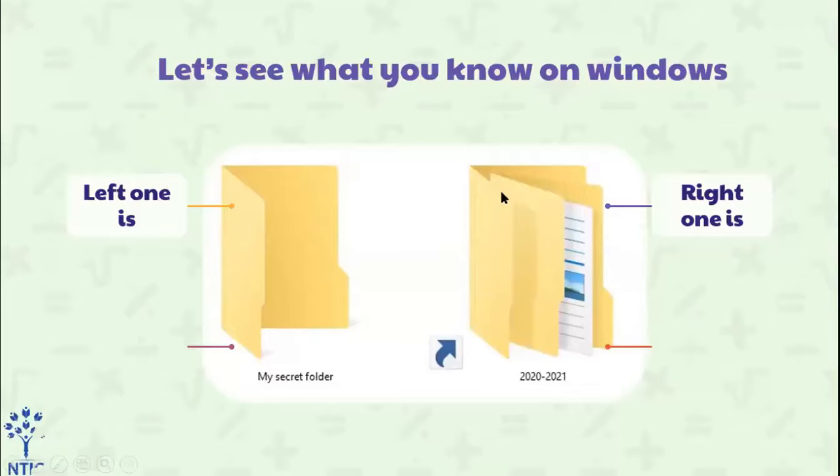Okay, who wants to say, okay, I want to see you again on the chat box. And what is the name of this icon? I'm not asking my secret folder and 2020, 2021. Just the special name on the Windows. First one is this icon. You should type on the chat box.